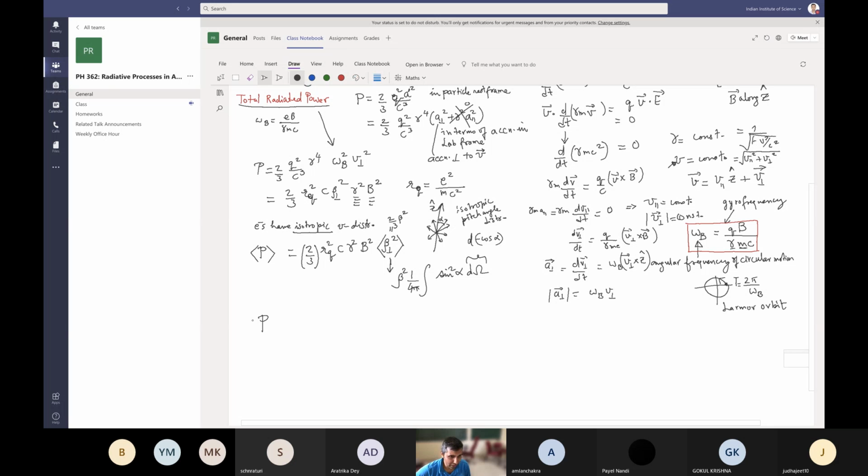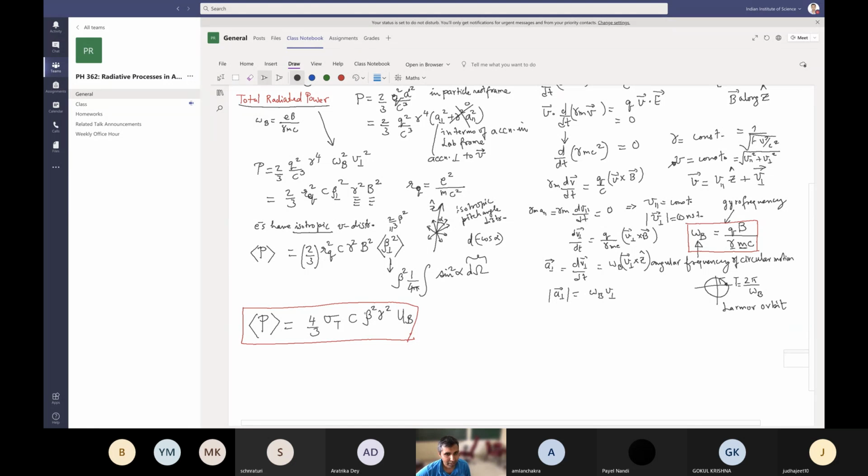So your total average power is equal to, so this 2/3 will give you 4/3. Let me just write down sigma T c beta squared gamma squared U_B. This is actually a very, very useful form to commit to memory. This is the total synchrotron power for an isotropic distribution of electrons with velocity v, with beta equal to v by c.